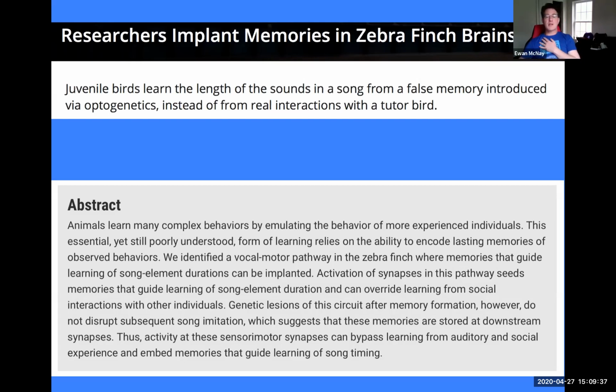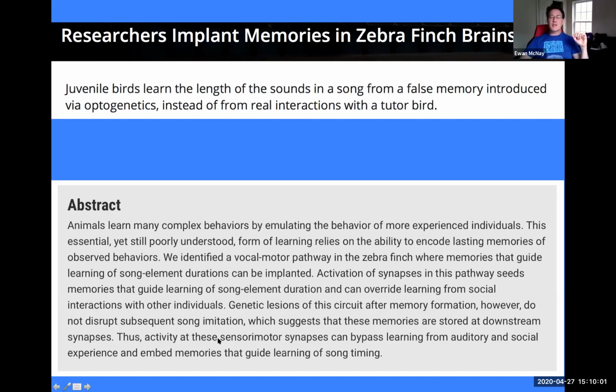And in fact, they can override other individuals' song inputs, but it doesn't prevent them from subsequently learning other songs. You're not destroying anything. You're just telling them, hey, by the way, activate this pathway, learn this particular fake song, this fake memory we are introducing into your brain, so that you have, in a finch sense, a memory of having learned a really important song that never actually happened.